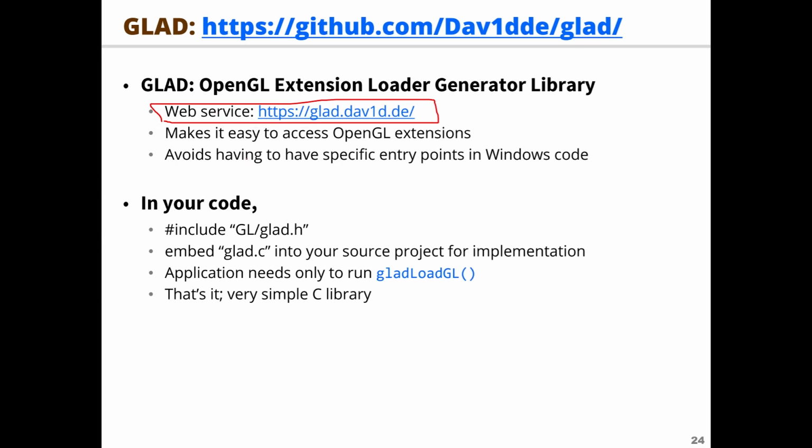You configure your platforms so that you can easily get its implementation, and you just include it in your source file, then that's it. So this makes it easy to access OpenGL extensions.